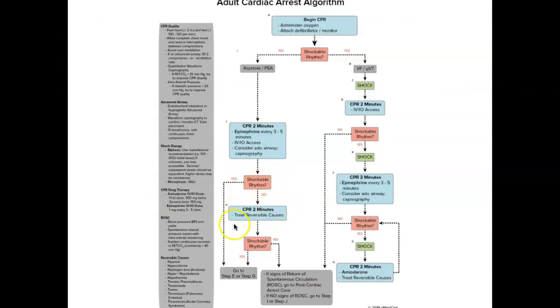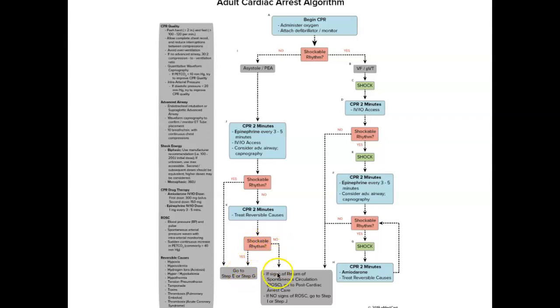If it's no, CPR for 2 minutes. You're going to treat any reversible causes. But if it is a shockable rhythm, you're going to shock it, and then you're going to follow this algorithm over here. So treat the reversible causes. Look again at the rhythm, yes or no. And so if it's a shockable rhythm, you're going to shock it and go through the other side.